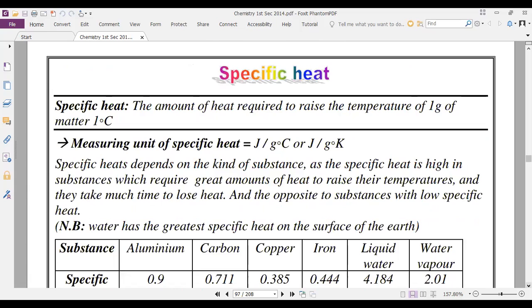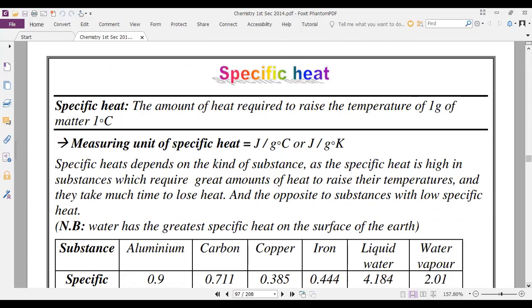Specific heat. What's meant by specific heat? Specific heat means the amount of heat required to raise the temperature of 1 gram of matter by 1 Celsius. It's specialized for each substance.